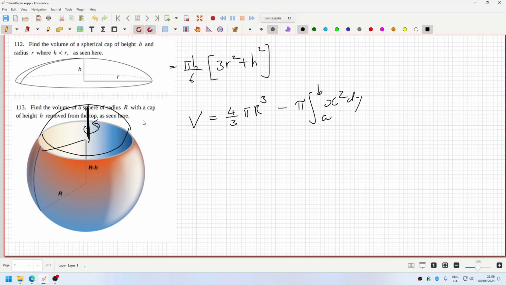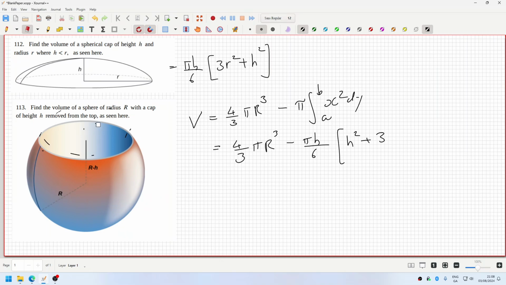I mean, I could try. It'd be 4/3 pi r cubed minus pi h over 6 times h squared plus 3, and then we have to do something about the small r if I want to use that last formula. That would be the small r here.